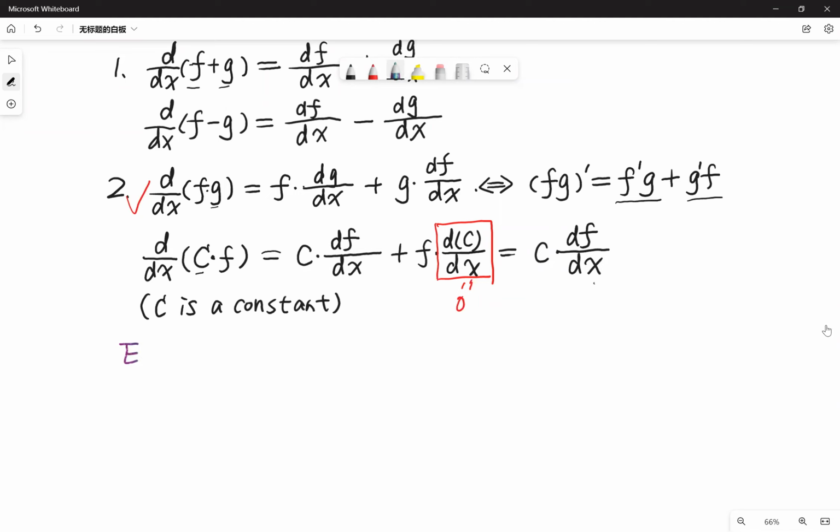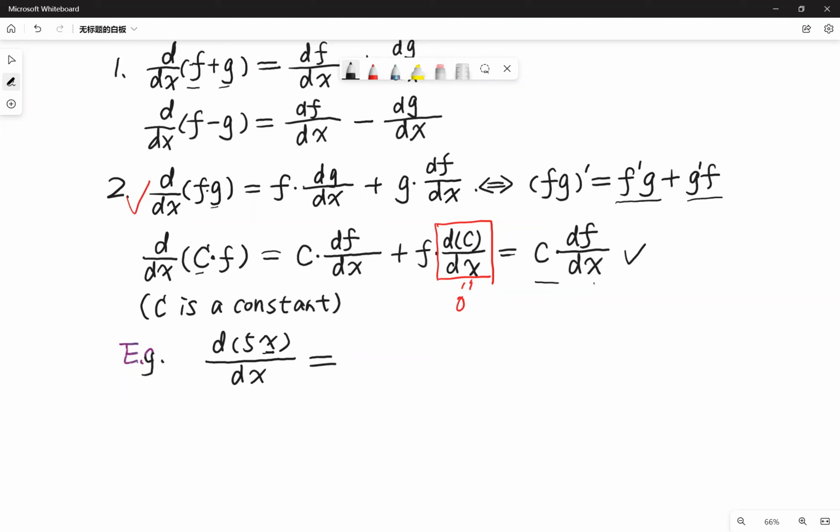Maybe my pen is low on battery. Okay, when f of x is 5x here, then we can make use of this formula. Here c is 5 and f is x.